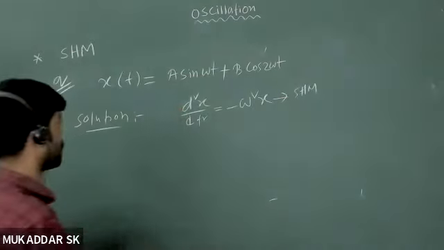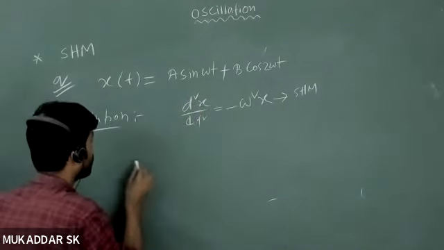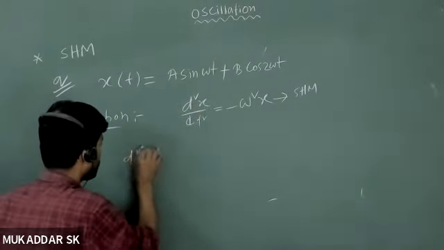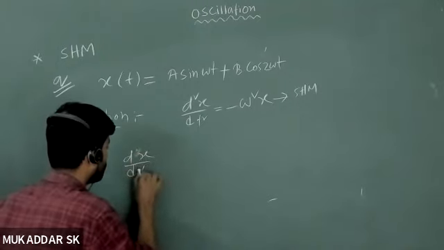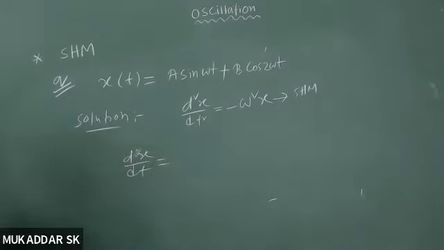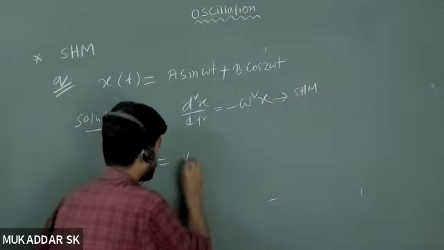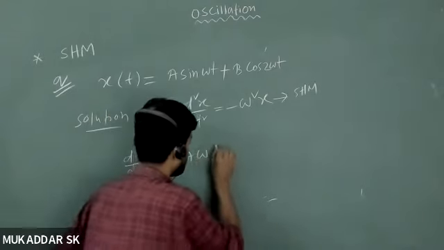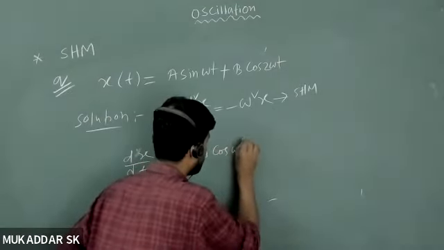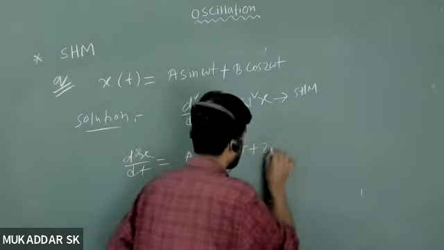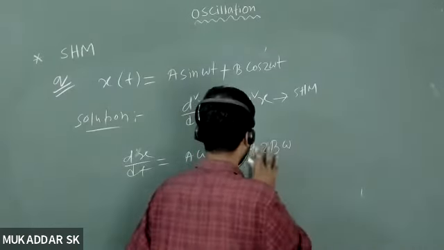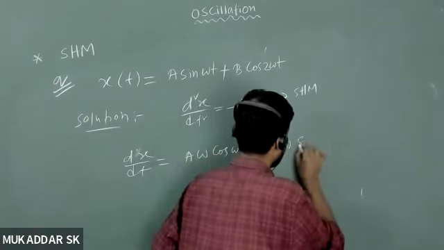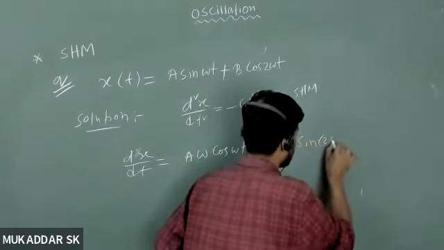Now if you differentiate the given equation with respect to time, you will get a omega cos of omega t, plus 2b omega, with a minus sign, of course, sine of twice omega t.